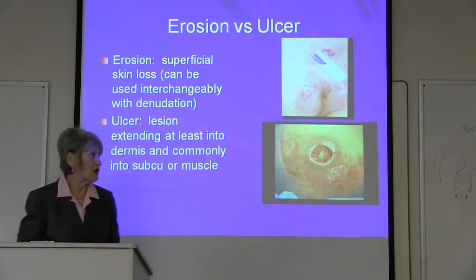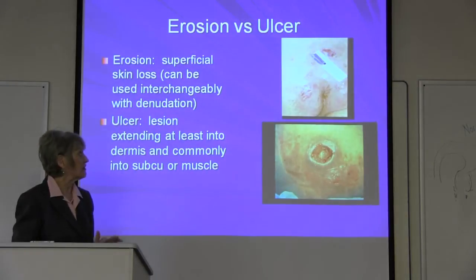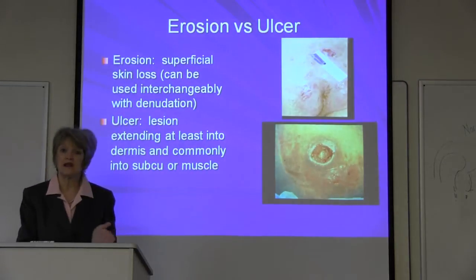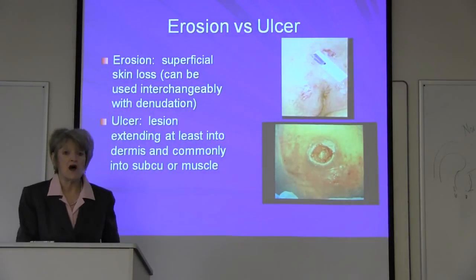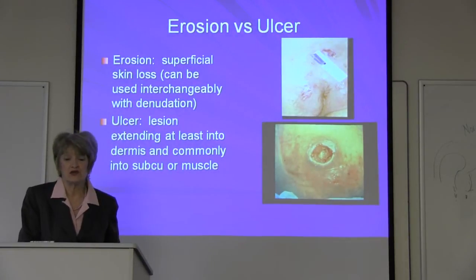Now, erosion and ulcer, we don't use erosion very often because we're much more likely to use the term denuded or denudation. Ulcer, of course, typically refers to a break in the skin that extends at least to the dermal or the subcu layer. So it implies that there's some depth involved.